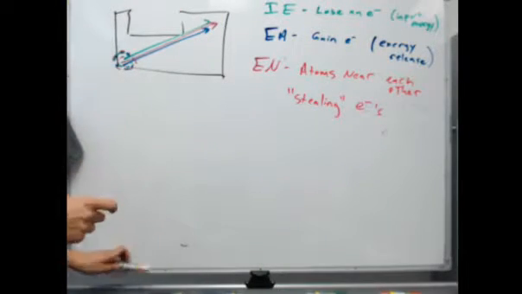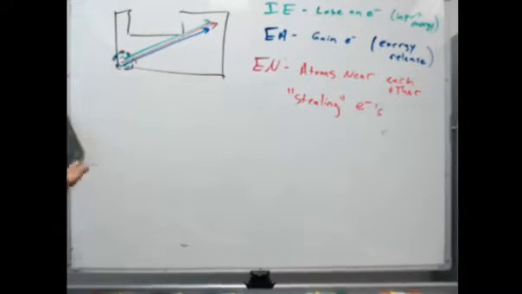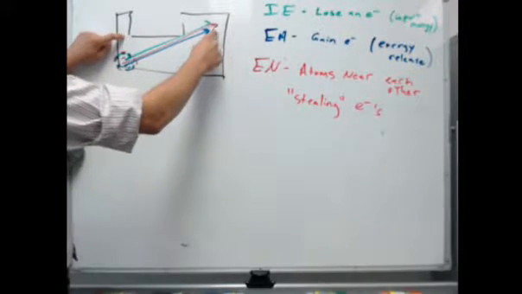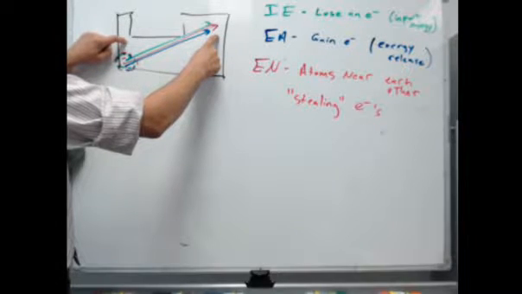So atoms near each other stealing electrons. This is one explanation for ionic bonds. If I've got a sodium next to a chlorine, I've got something that's likely to steal electrons next to something that's not likely to steal electrons.